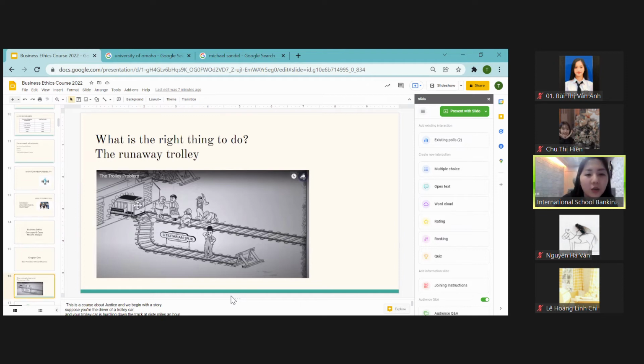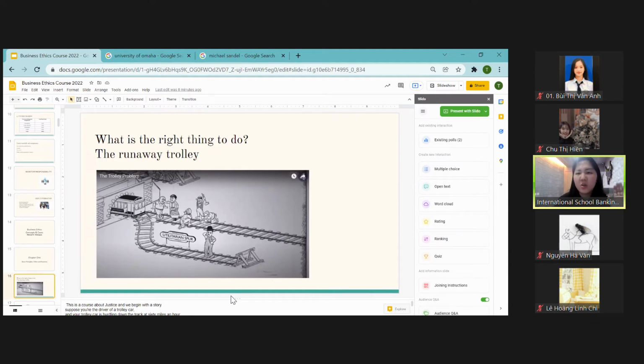So there is a trolley car running on the track, and suppose you are the driver of that trolley, yeah, and you see that at the end of the track there are 5 workers working, and your brakes, the brakes that stop the trolley, don't work.